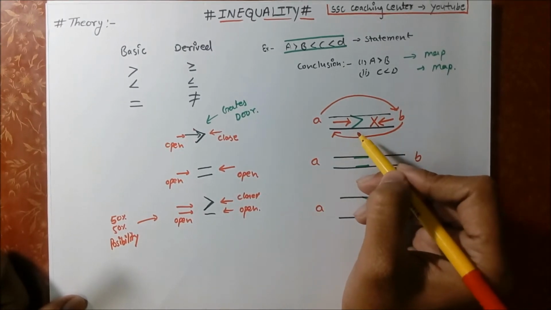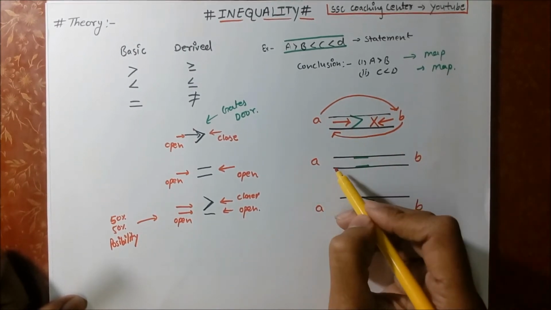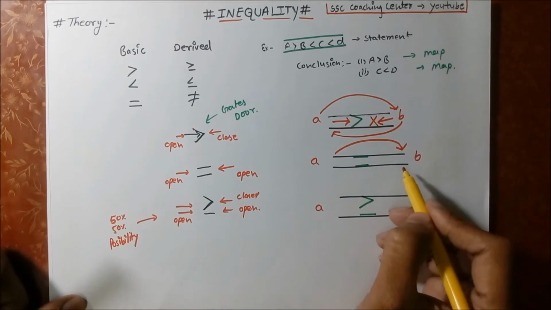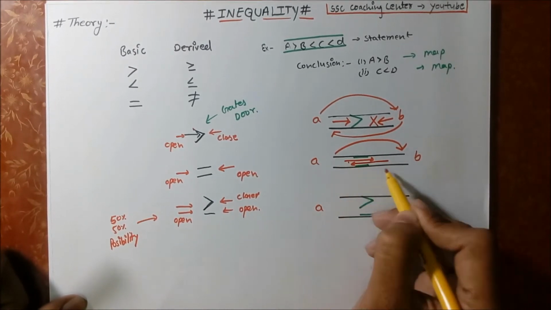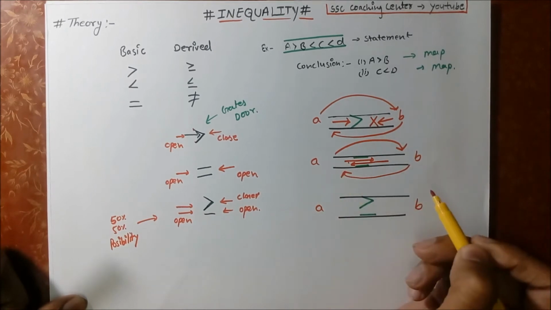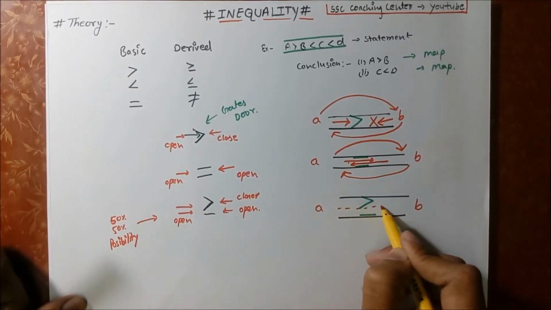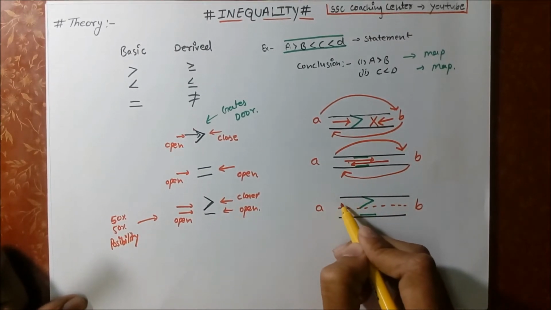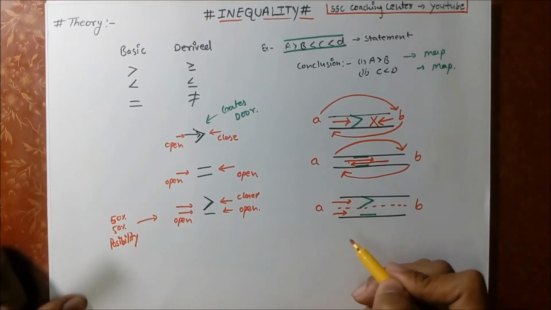If I am saying B is greater than A or B is less than A, I can pass through only from A to B. In this I can pass through from A to B this side or this side. This is bidirectional. In this I can pass through, meaning we can say there is a divider in this tunnel, right? I can go through this, I can go through this also.